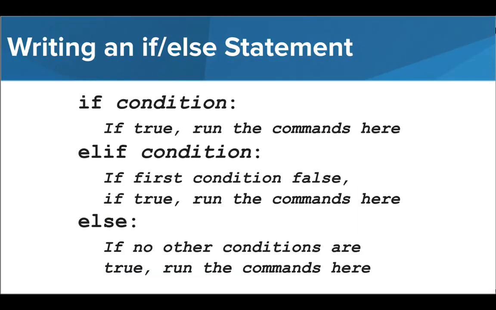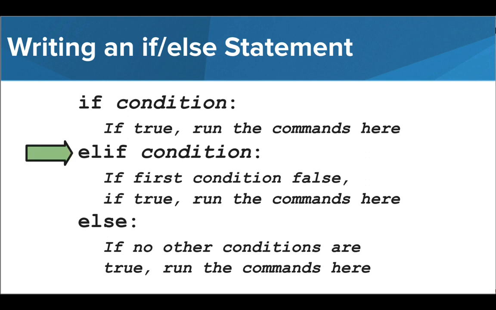The syntax we use for an if-else statement is simple, but we need to pay close attention to indentation. We start our if-else statement with if, and then write the condition followed by a colon. All commands to be performed when this condition is true are indented below.